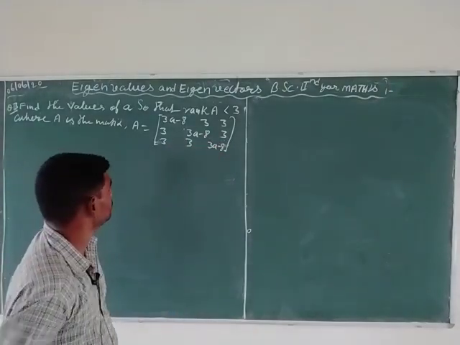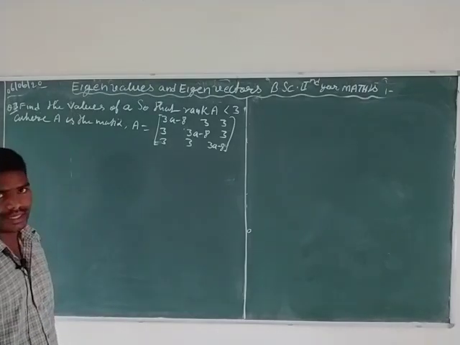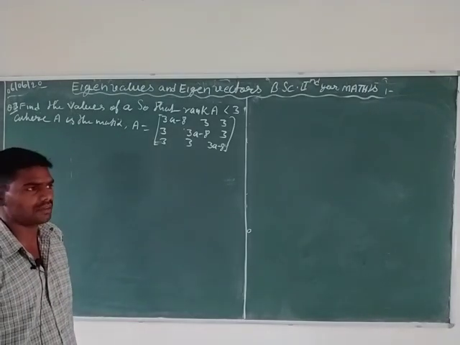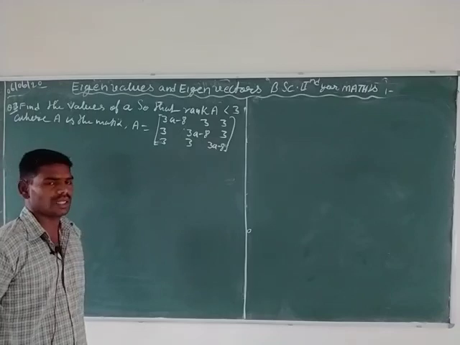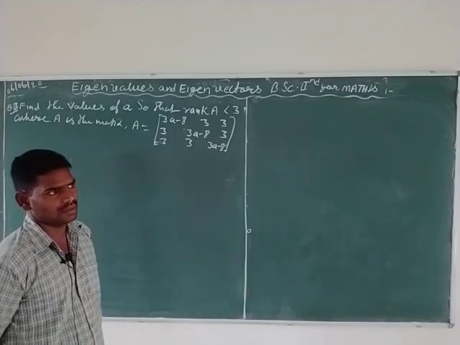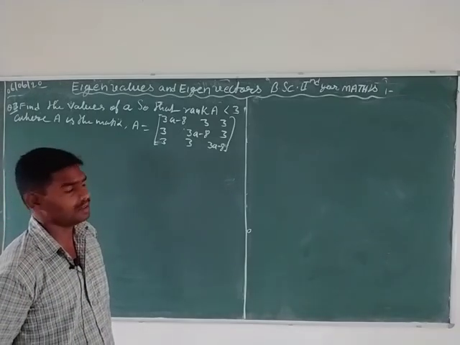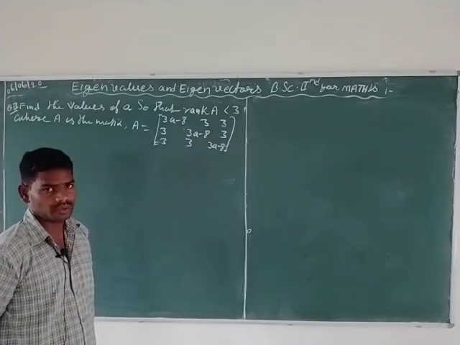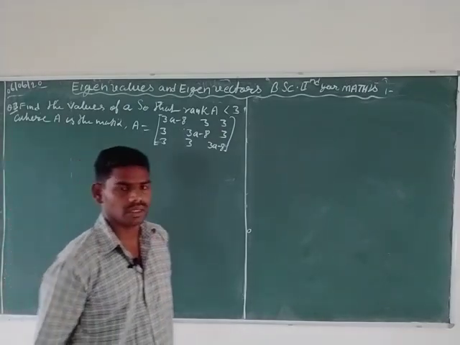In this question, given that the rank of matrix capital A is less than 3, it means the rank of the matrix capital A may be 2 or 1 or 0, any one.